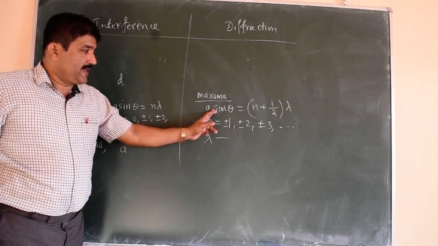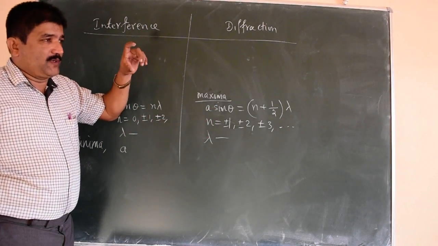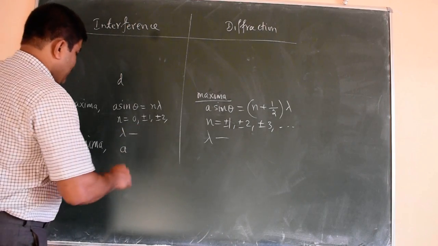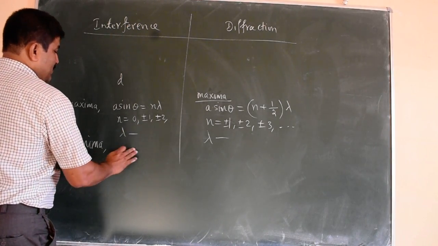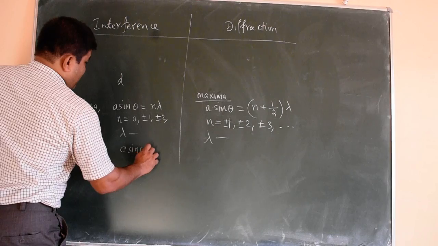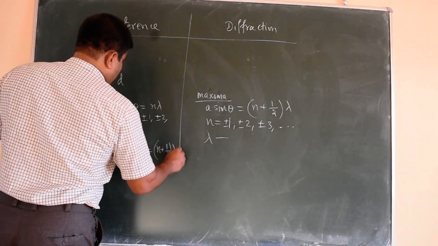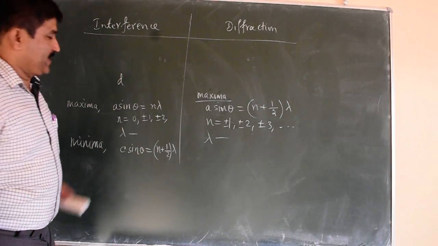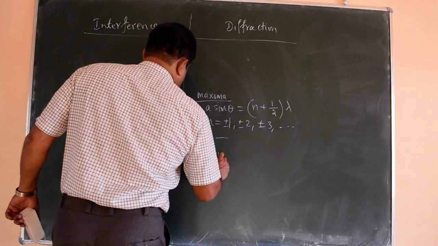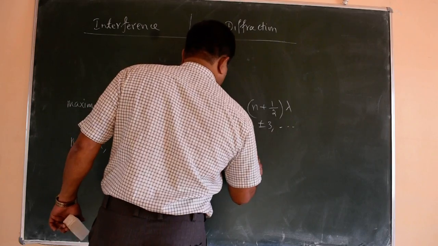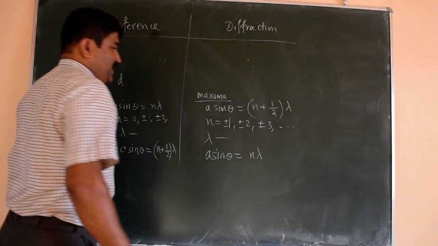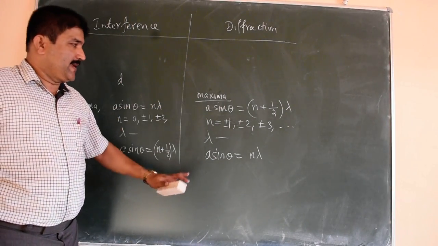Here, in diffraction, a is the width of the slit. So a sin theta equal to (n plus half) lambda is the condition for minima in interference, whereas a sin theta equal to n lambda is the condition for minima in diffraction.